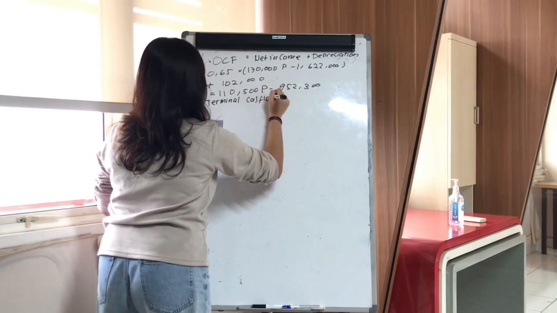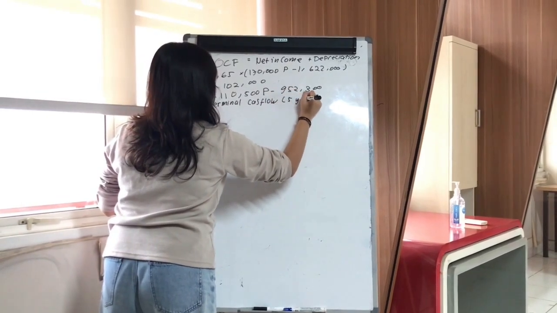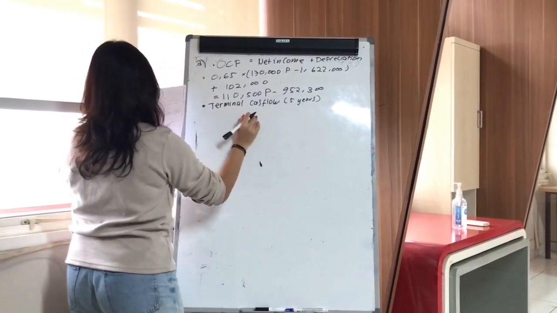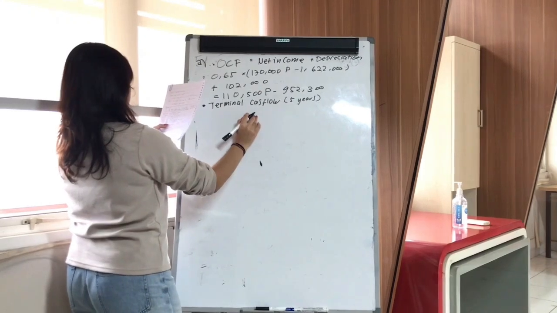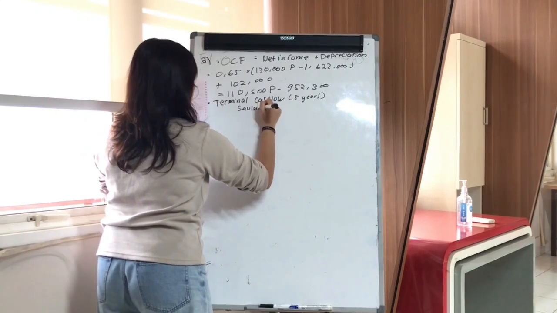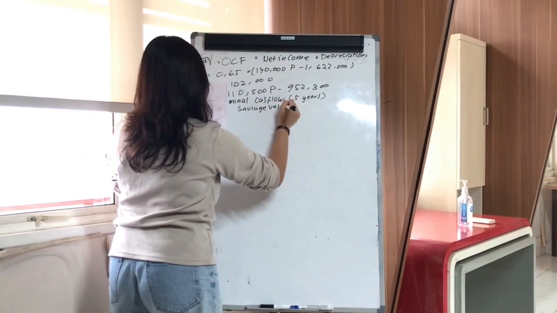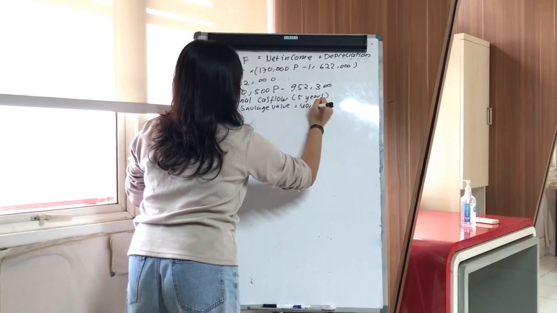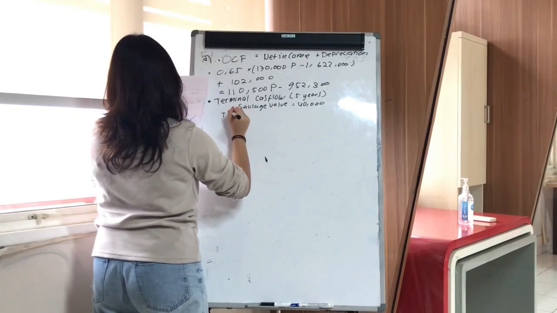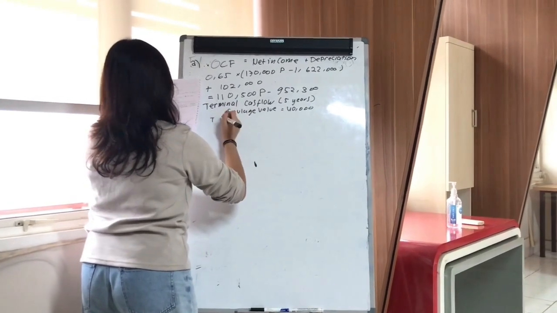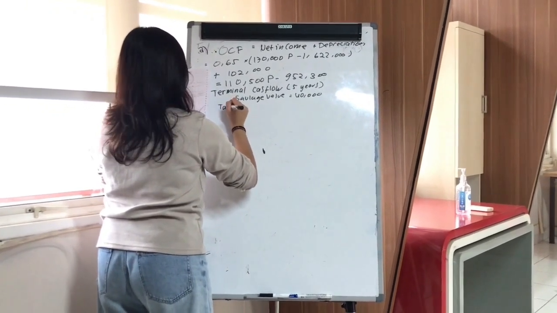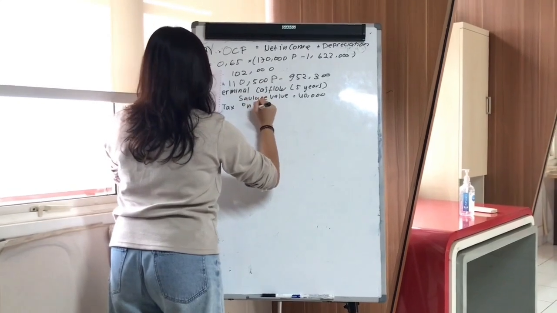For this, we will look for the salvage value, and that is 40,000, and then we will times it with tax on salvage value.